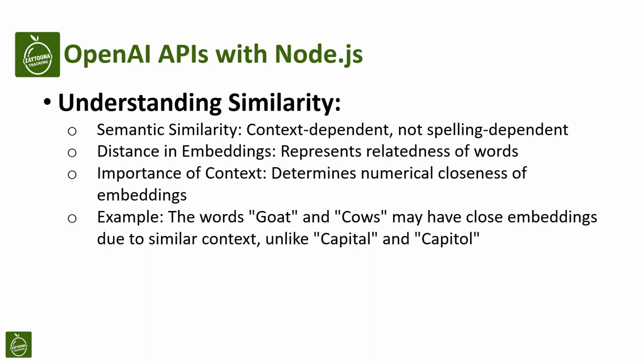On the other hand, capital and capital, despite being close in spelling, may not share similar context and hence may not have close embeddings. So embeddings are determined by the semantic meaning of the words and phrases, not on the spelling. They have no idea of spelling, they have an idea of context.